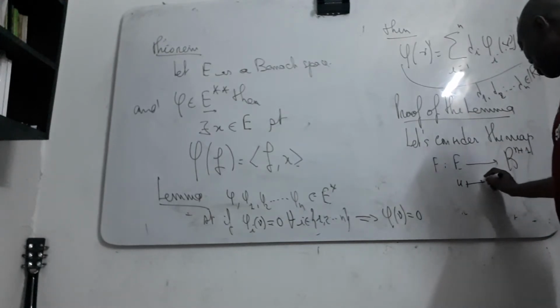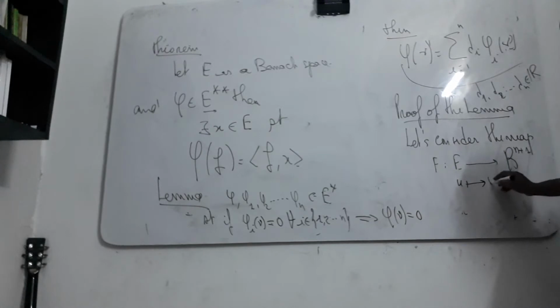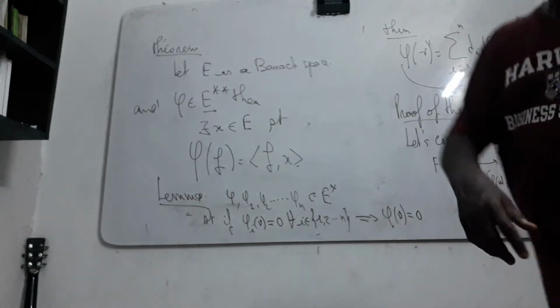You have this condition: phi(u), phi_1(u), and phi_n(u) for this one. You consider this map, and you'll see what happened there.